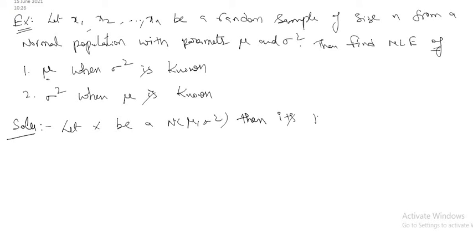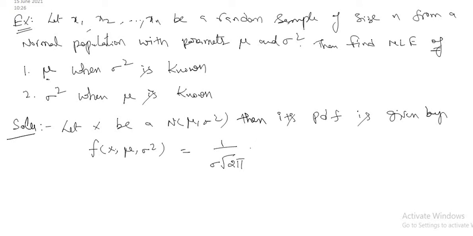Then its probability density function is given by f of x comma mu comma sigma square equals 1 by sigma root 2 pi, e power minus 1 by 2 times x minus mu by sigma, whole square.